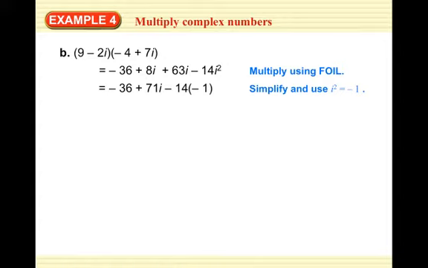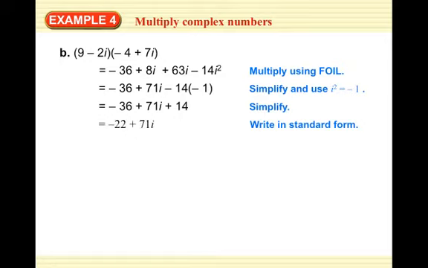And so we also combine the middle terms. So 8i plus 63i is 71i. So we have -36 plus 71i minus 14 times -1. And so we're going to have -36 plus 71i plus 14. -36 plus 14 is -22. And so in standard form, we have -22 plus 71i.